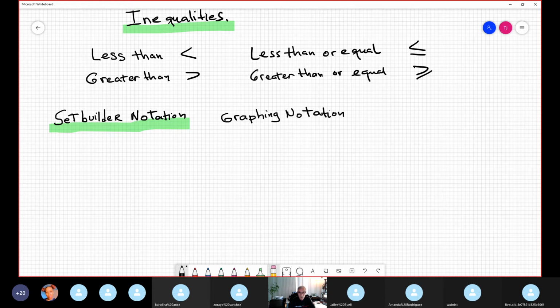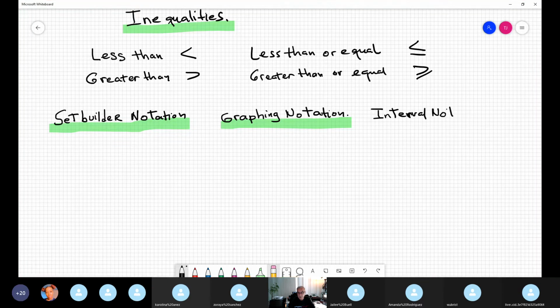Or another possibility, the one that I like so much, that I always ask you in the test, interval notation.